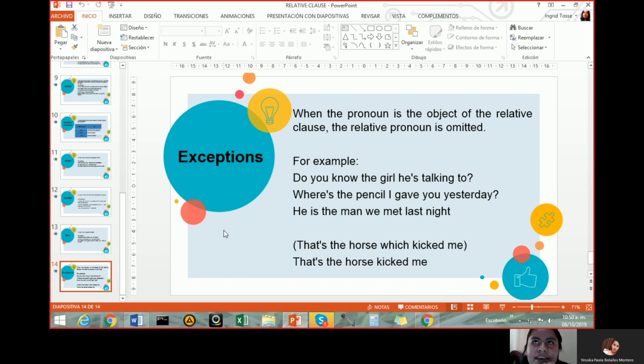Do you see relative pronouns in this expression? No. Okay, but how do you translate this sentence? We can explain this como, ¿tú conoces la chica con quien él está hablando?